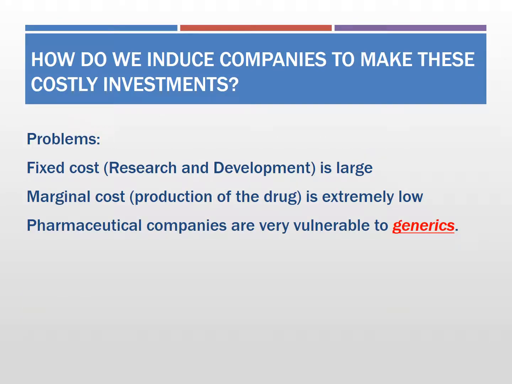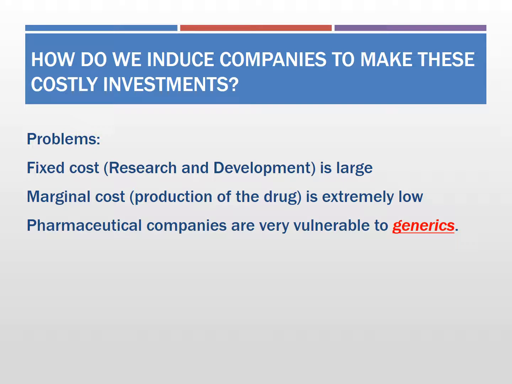So in general, how are we going to induce companies to make these very costly investments to come up with new drugs? The problem is that research and development are usually very high cost. So the fixed costs in the pharmaceutical industry are relatively large because of all the upfront costs they have to pay to get new chemical compounds to the approval stage.